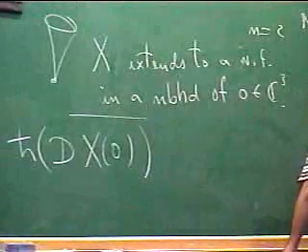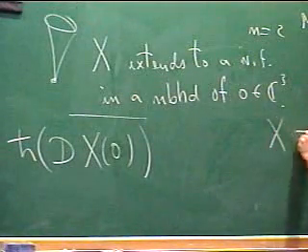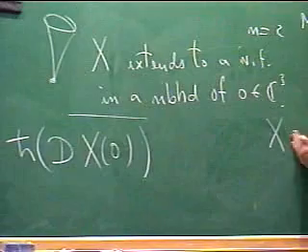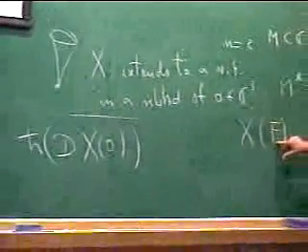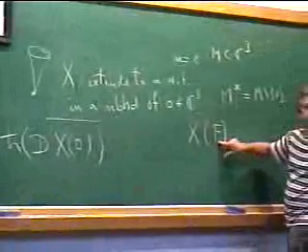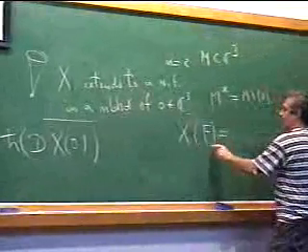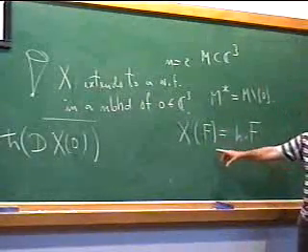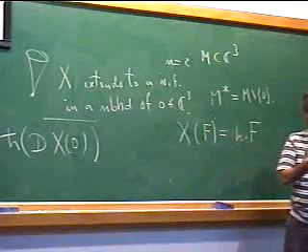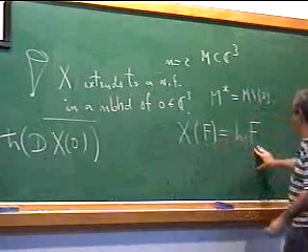This vector field satisfies something like x(F) = hF, where F is the germ which defines M, because it is tangent to the surface. Okay? It satisfies something like that.